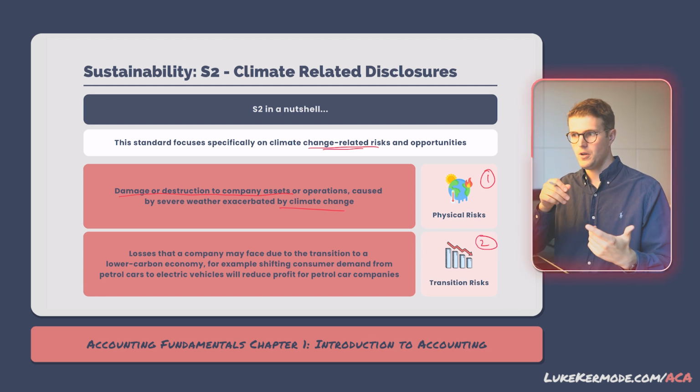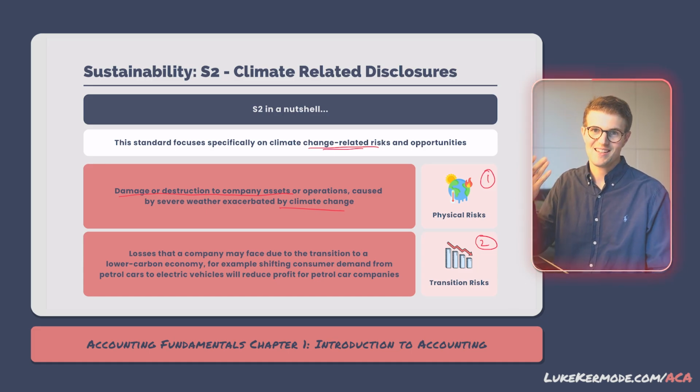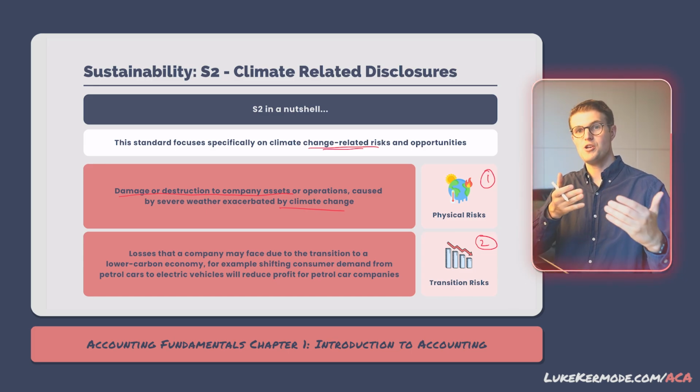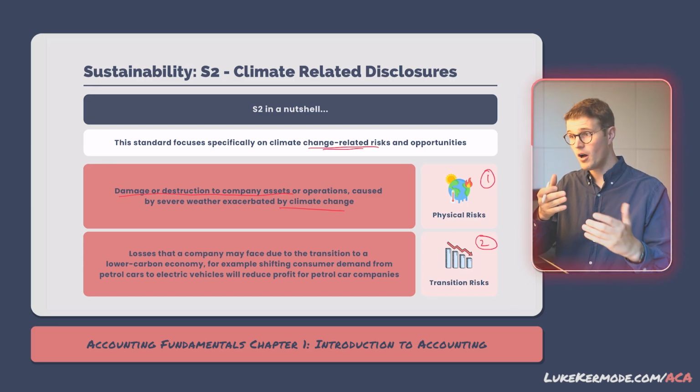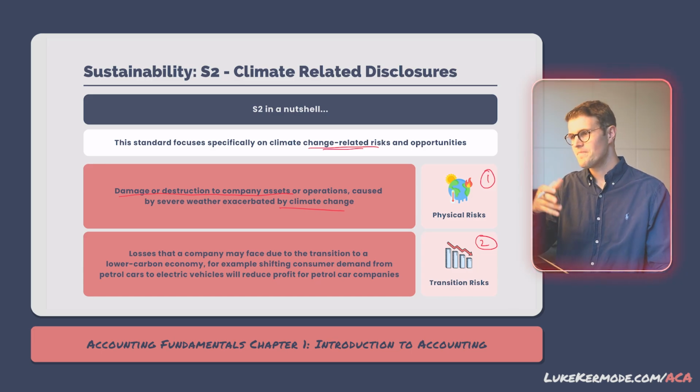Transition risks are the financial risks businesses face as the world moves to a low carbon economy. These include stricter emissions laws, which may limit the level of production a business can undertake, higher carbon taxes, which increase the cost for high emission businesses, shifting consumer demand, which can reduce sales of less sustainable products, pressure to adopt green technologies, which may require costly investment by the business.